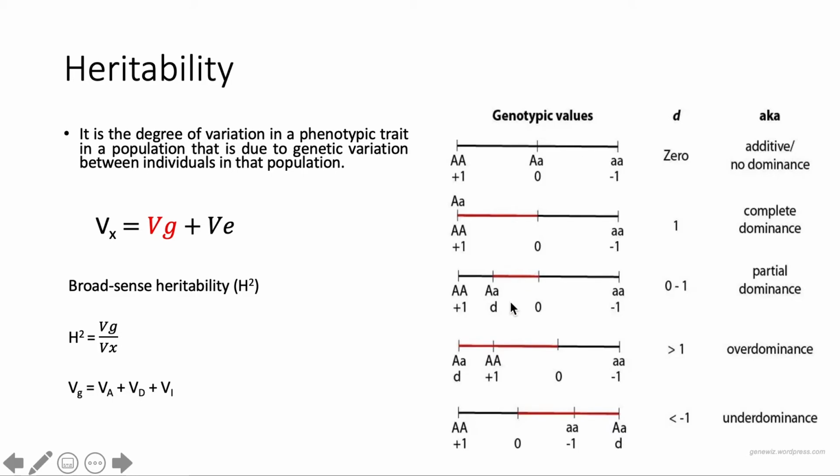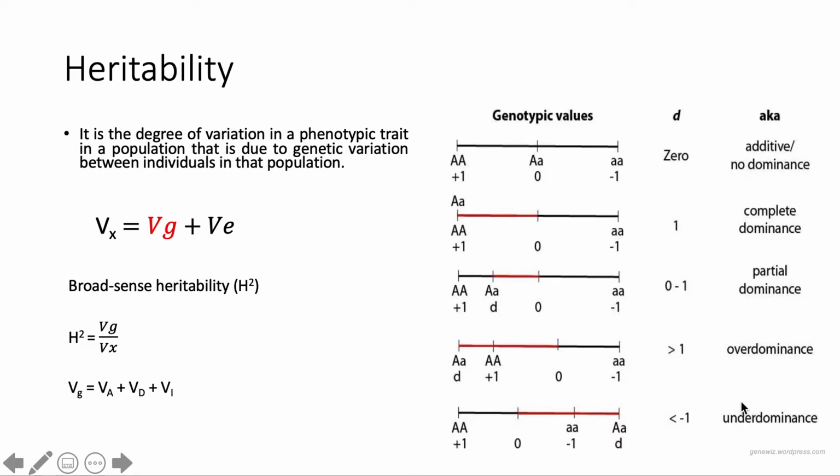And we have another kind of dominance, overdominance, for example, which is the hybrid vigor, when the heterozygous lines have a more extreme value than the dominant homozygous genotypes.